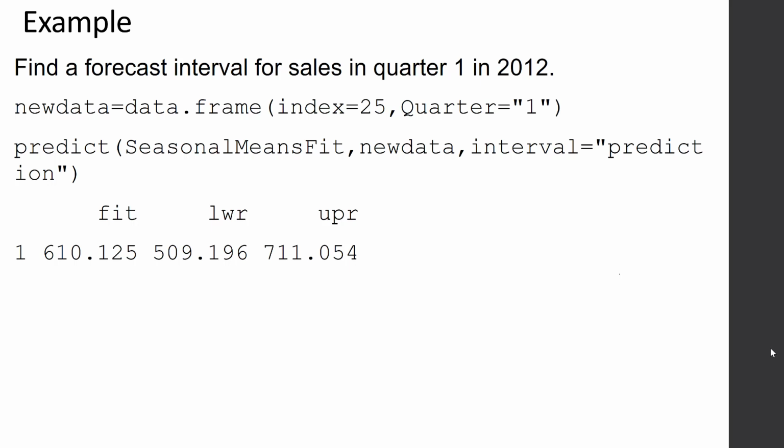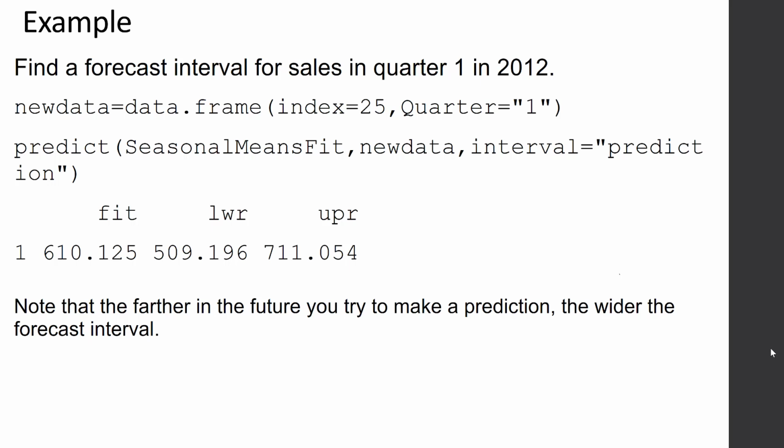So notice that the estimate of sales is 610.125, and then we give a range of values for where we think that might actually end up being, between 509.196 and 711.054. So that's the way you can get a prediction interval, a forecast interval. Also, the same things that carry over from regression apply: the farther in the future you try to make a prediction, the wider your forecast interval is going to be.